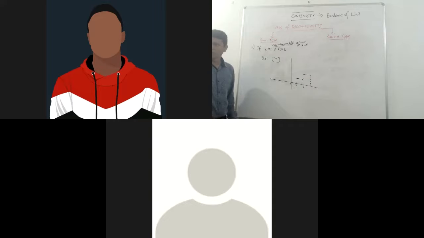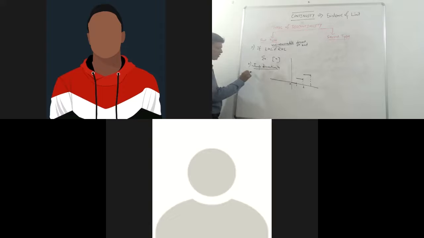This is discontinuous. What is the jump of this discontinuity? This is the jump. Sometimes it is called jump discontinuity. You can write the third point. Sir, 1. Jump discontinuity. So the box function has a jump discontinuity of 1.